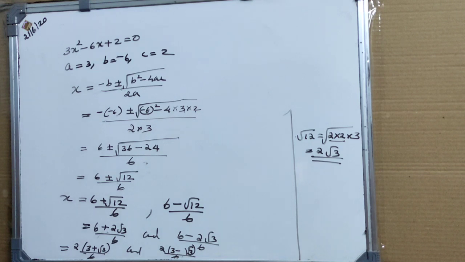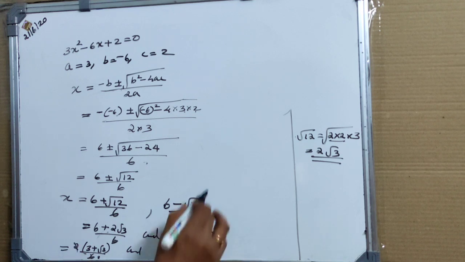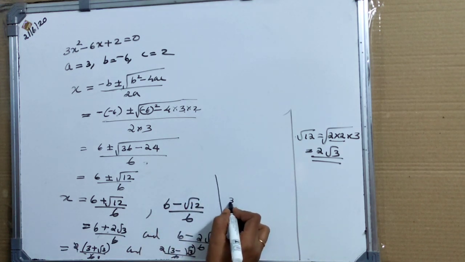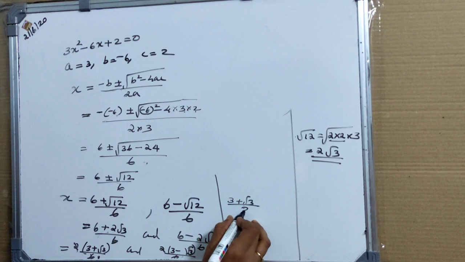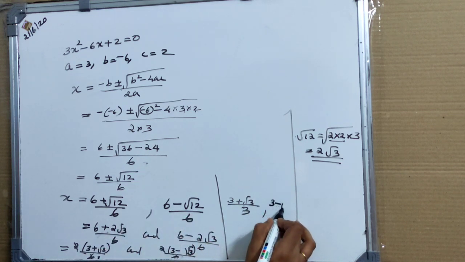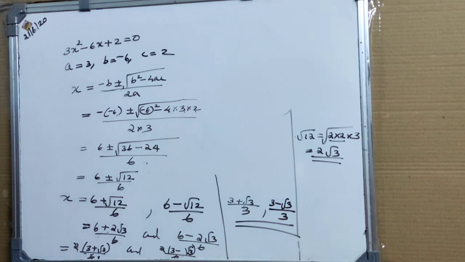You can simplify again. 2 and 6 if you cancel, you can see it is 3 here. So the answers are 3 plus root 3 by 3 and 3 minus root 3 by 3. These are the roots of the quadratic equation.